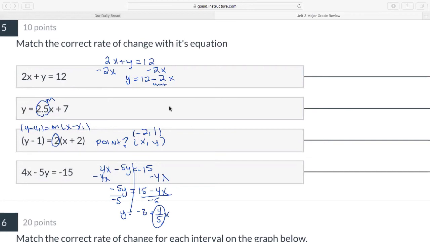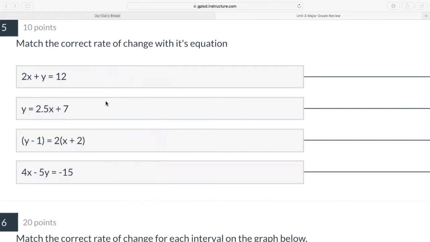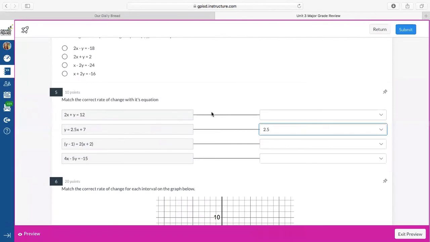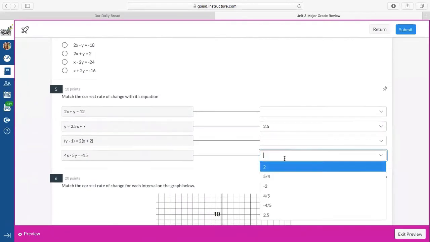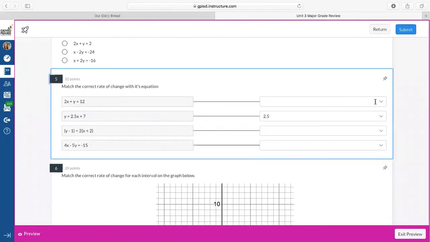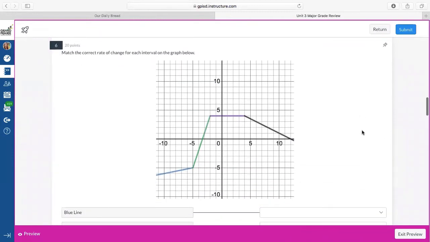Is that 3x? What? It says -3 plus 4/5 x. All right.